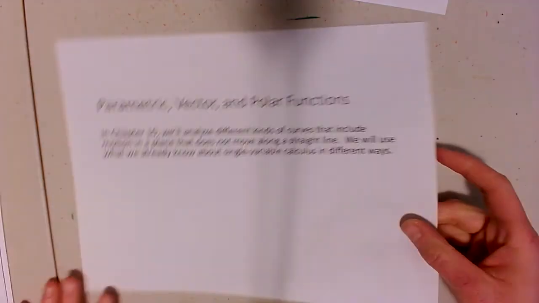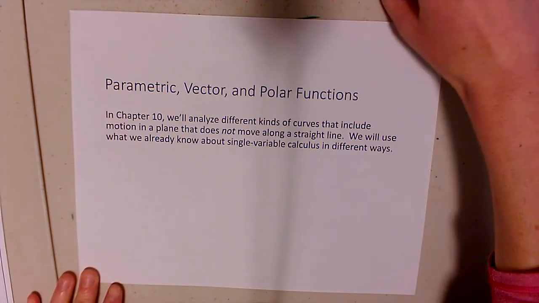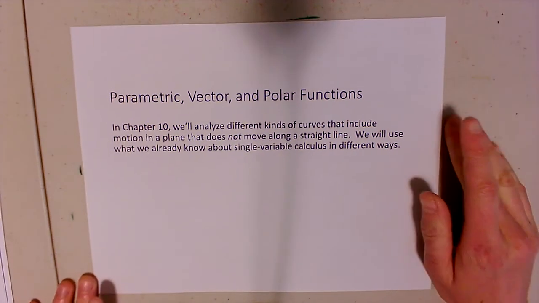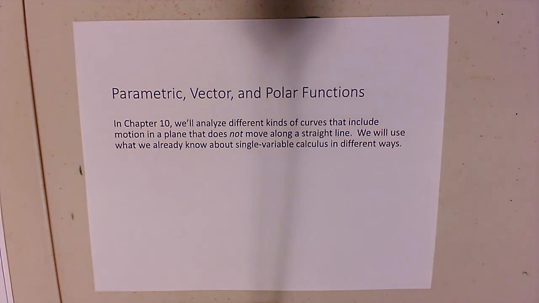So parametric, vector, and polar functions. These are the things that we're going to be looking at in chapter 10. These are some different kinds of curves, and they can all be used to describe motion in a plane that does not move along a straight line. With parametric curves, we have that third variable thrown in there.